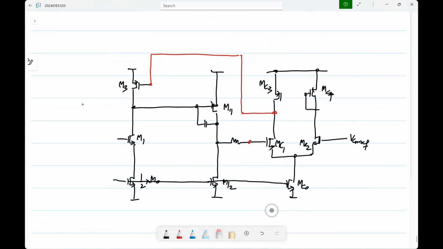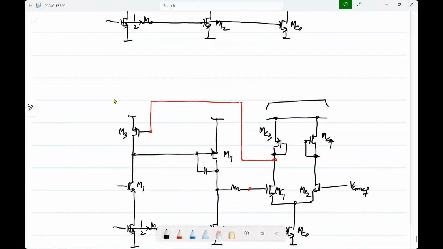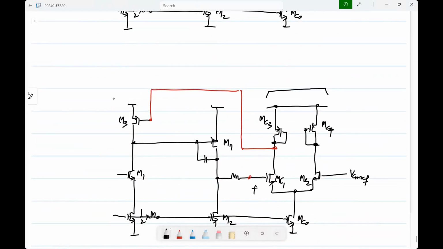Okay. So, for instance, you can do that. So, if you do that, what will be the gain of this stage? What was the gain of this stage? It is GMC1 by GDS-C1 plus GDS-C3. Okay. So, what is the gain of this stage? That is between this input and this output.